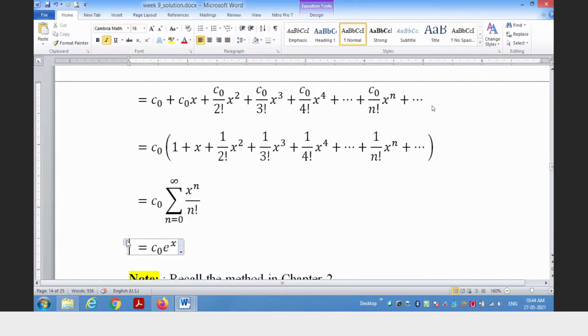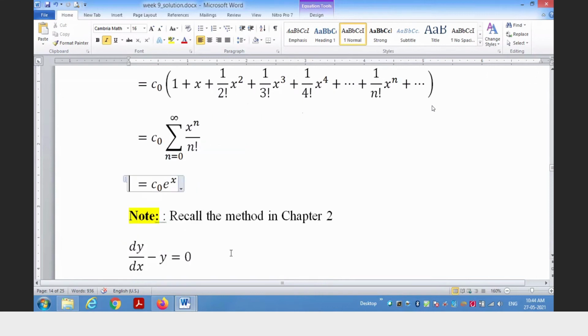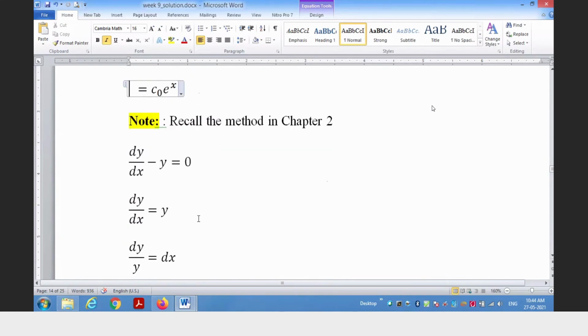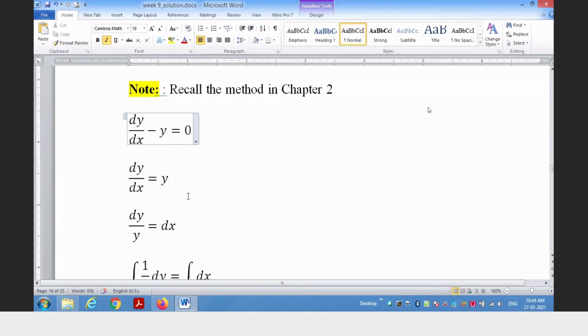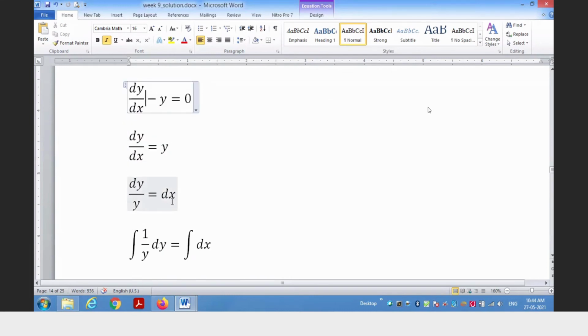All right. Now recall the method you learned in chapter 2. As I mentioned earlier, this is a first order separable ODE. So how to solve this? We separate x and y. We bring y to the right hand side, and then we separate them.